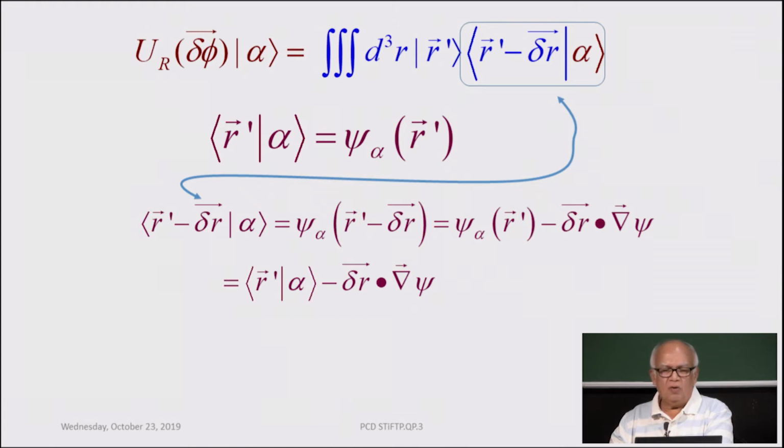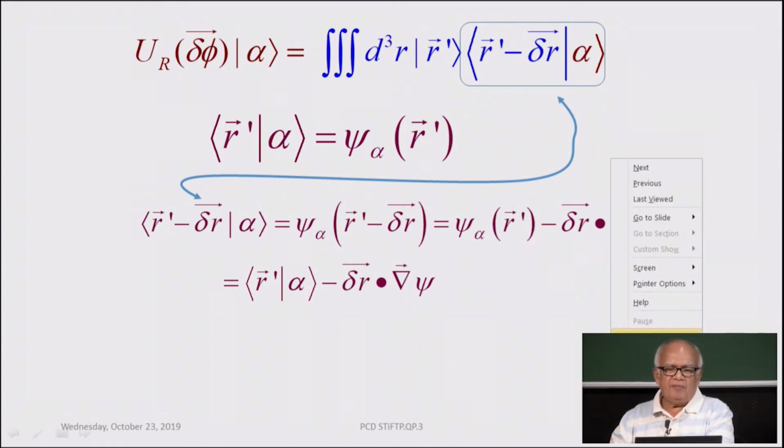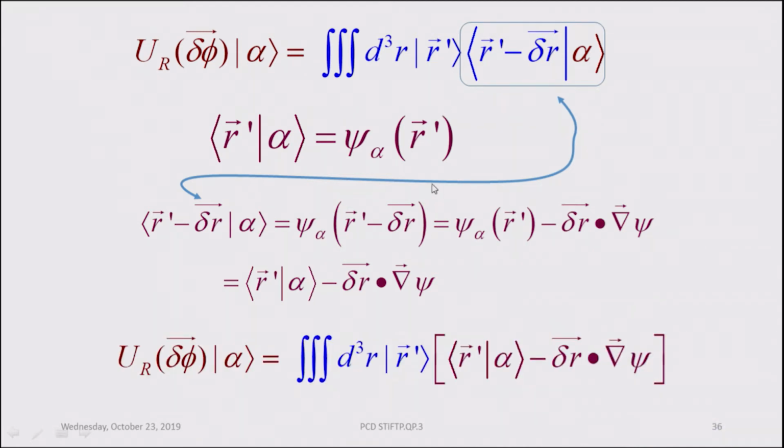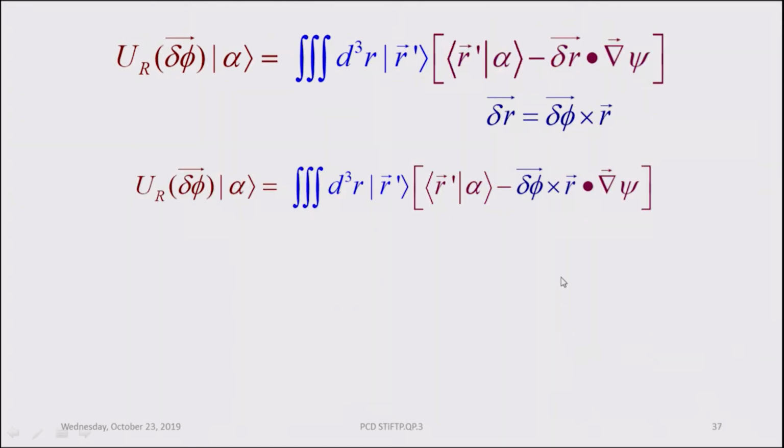So you have a very simple relationship here: this is nothing but the coordinate representation of the state alpha at r prime minus this difference. This is the term which will go in the integrand, and you can write this as an integration over r, but now you have these two terms which we will separate out on the next slide. So these are the two terms.